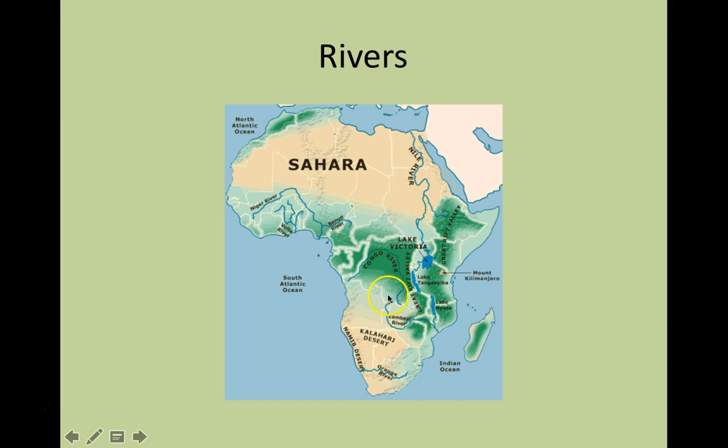All right. South of the Congo, beginning also kind of in the rainforest, is the Zambezi River. Again, drops precipitously in places. Some of the best rapids in the world are along the Zambezi. If you really like whitewater rafting, this is kind of a dream destination. The Congo is almost unnavigable, but the Zambezi is more navigable than that.